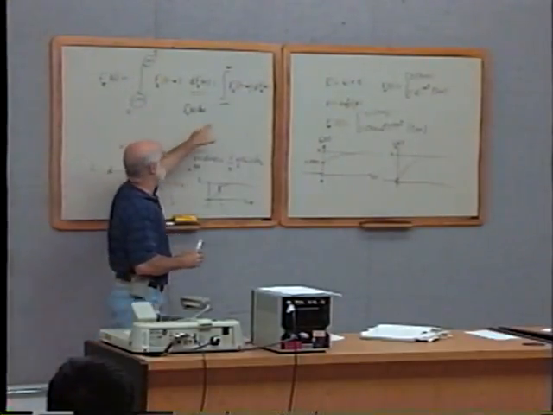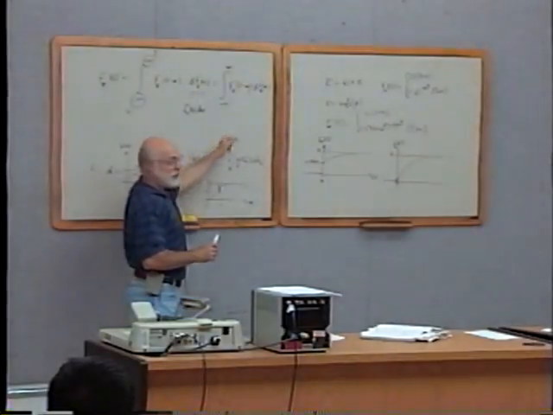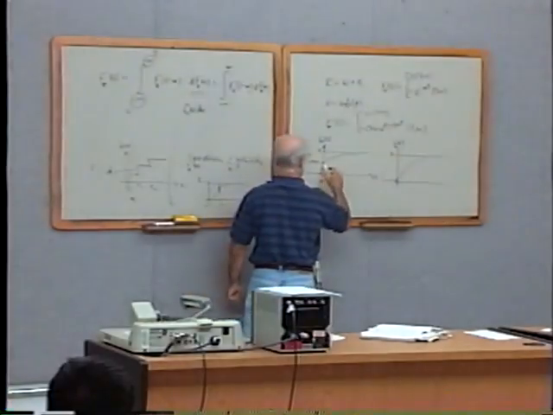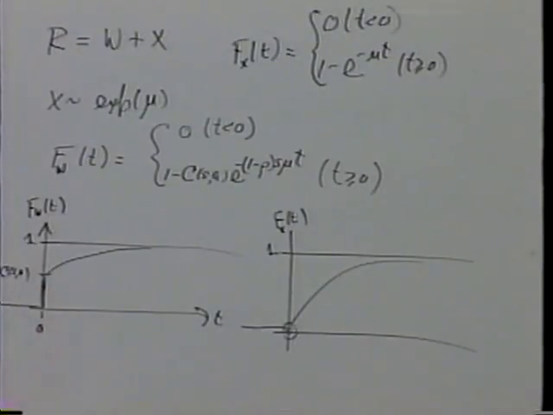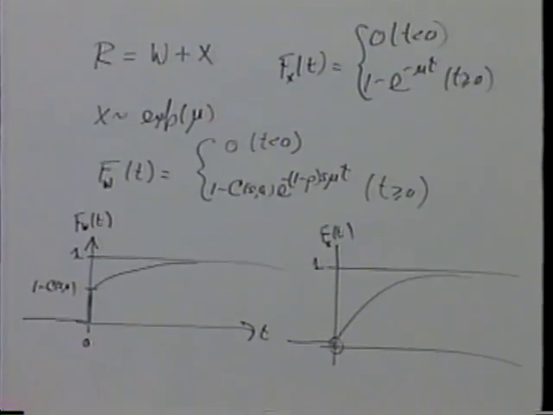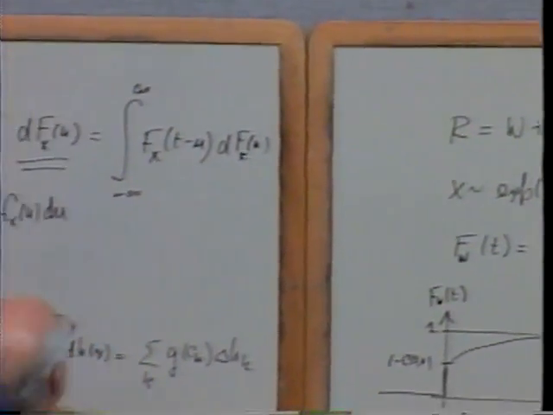But suppose I had asked you to do it this way. To do it that way, if you had ignored the jump at the origin, you would get the wrong answer. Because you would not have added in an amount equal to, let's see, if I did it this way, this is not R, by the way.